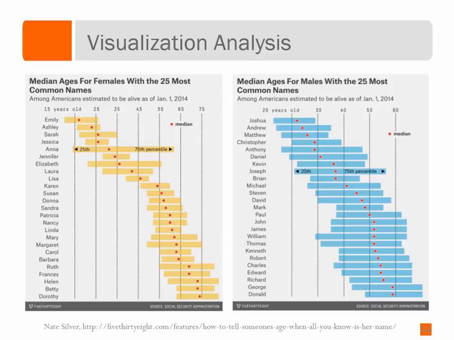Presented on the left-hand side here are female names, so median ages for females with the 25 most common names, benchmarked at 2014. So we have Emily, Ashley, Sarah, Jessica, Anna, Jennifer, etc., through Helen, Betty, Dorothy.